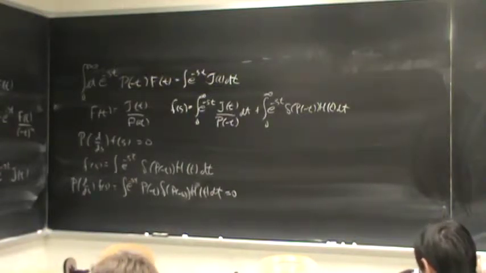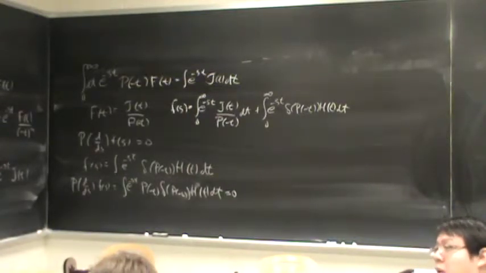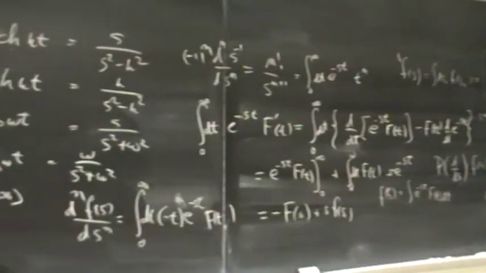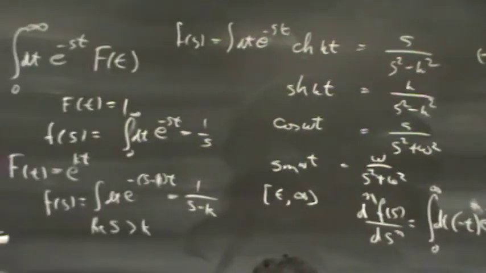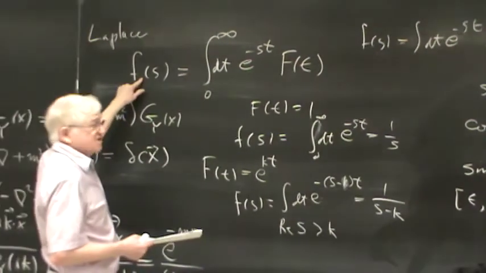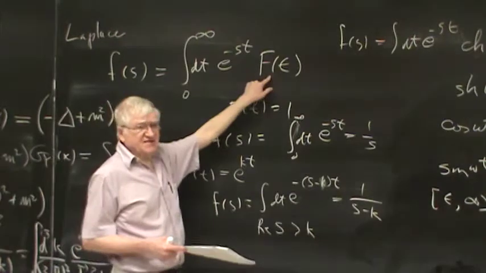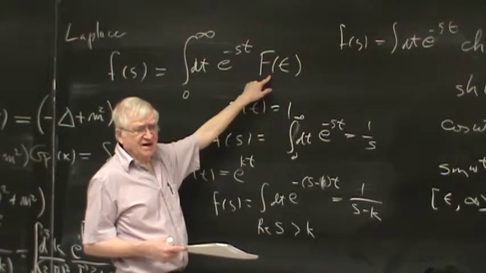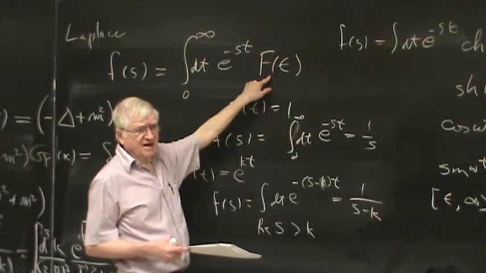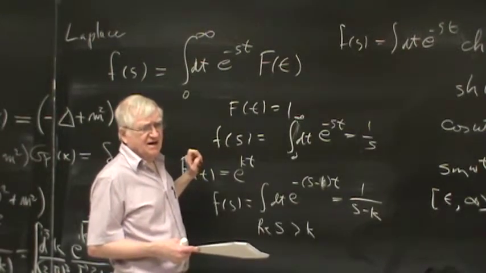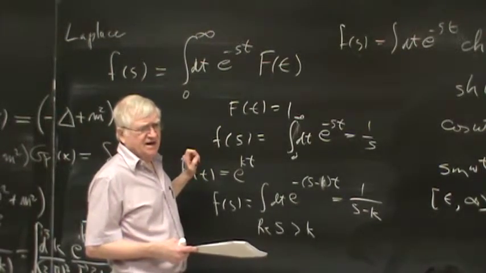Are you saying that, here, maybe move the camera a little bit. Are you saying that if we start with f of s, are you asking if this is unique? I was actually looking at f of s and then going to f of t and then back to f of s.